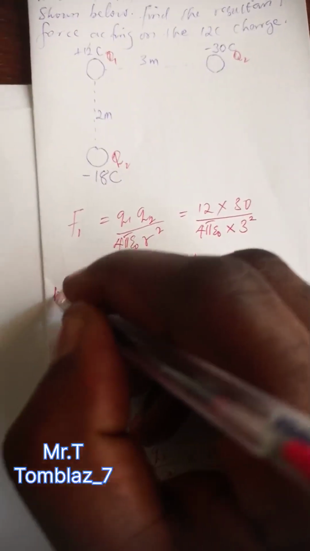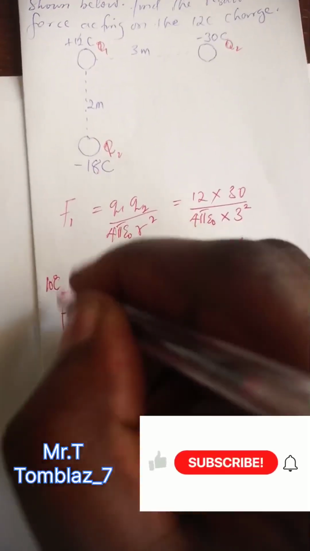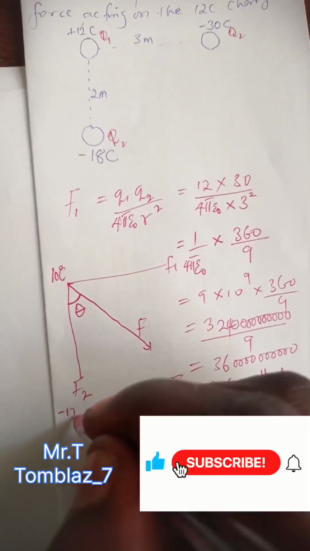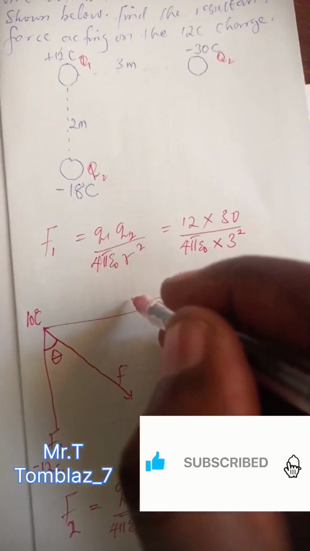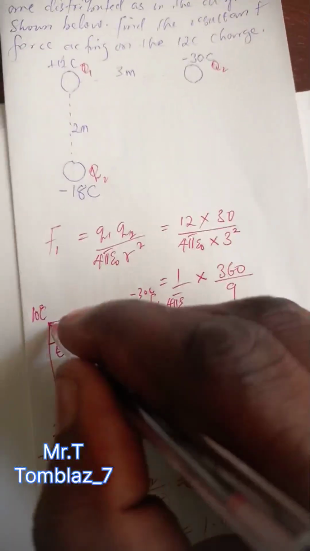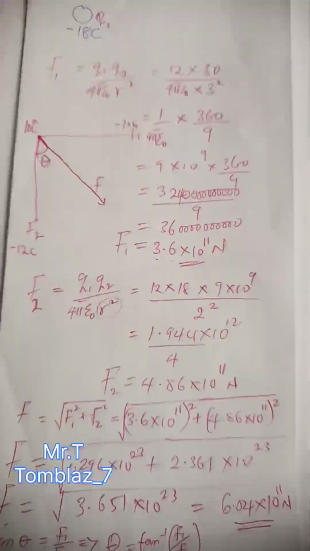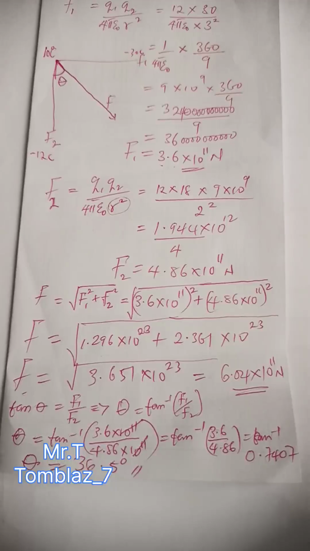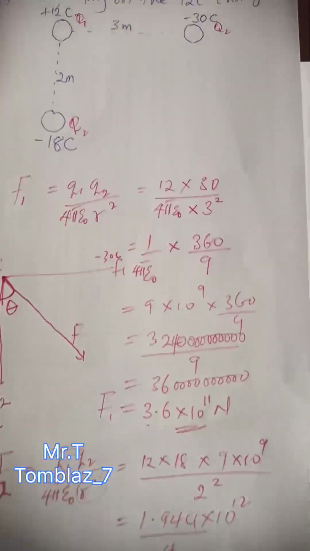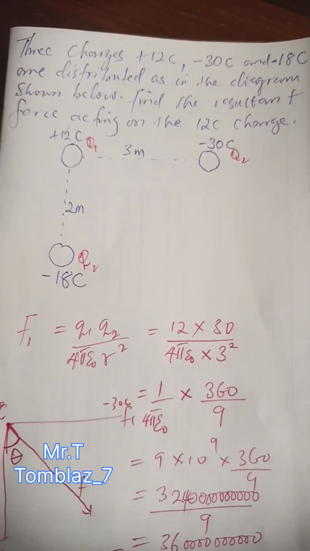So if I put the 12 coulomb charge here, it's joining the minus 18 coulomb charge here, and this is the minus 30 coulomb charge. So that's how you represent it. Okay, that brings us to the end of this calculation. Thank you for following, and I will see you in the next. Bye for now.